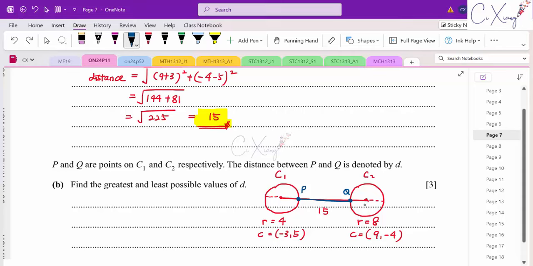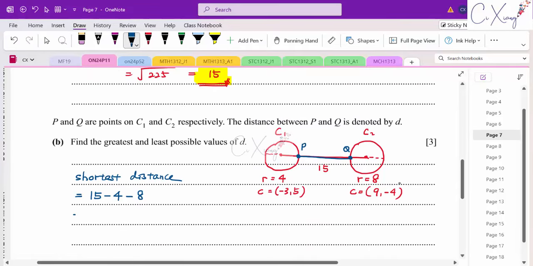So the shortest distance equals, originally you're having 15 minus the radius for circle number 1, which is 4, minus the radius for circle number 2, which is 8, and you will get the shortest distance between P and Q equal to 3.